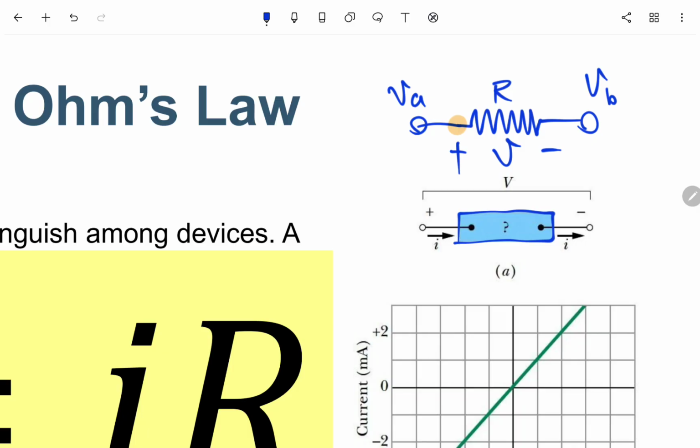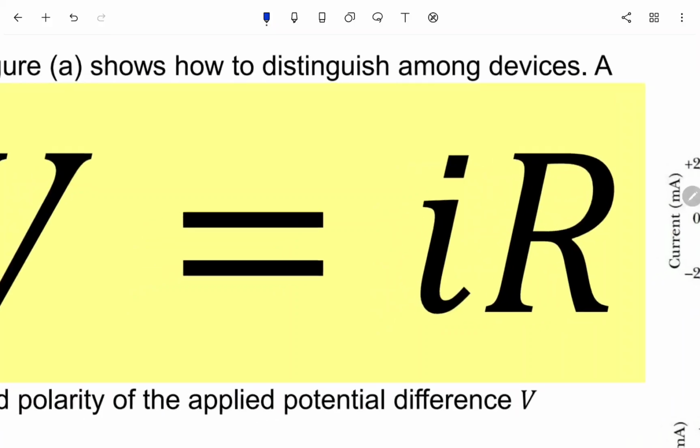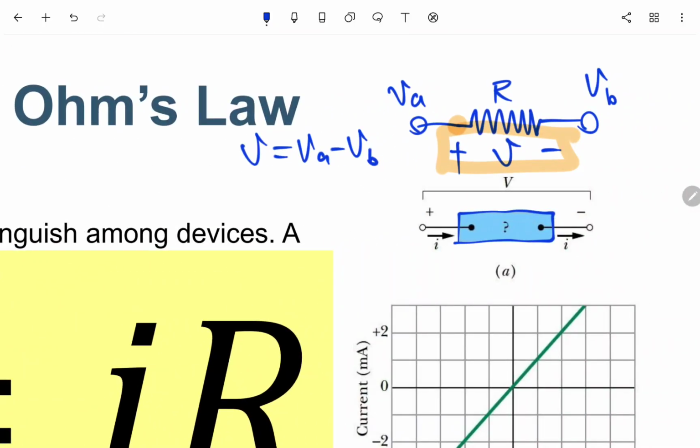For this notation, V is actually VA minus VB. We use the positive and negative signs to denote which is positive and which is negative. Applying V equals IR, the current goes from positive to negative. Based on this definition of potential, positive on the left side and negative on the right side, the current will be from left to right.